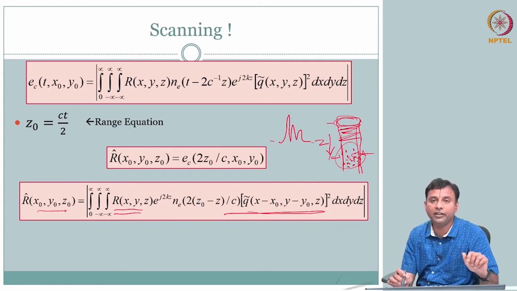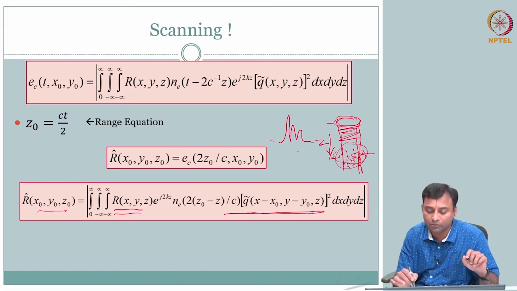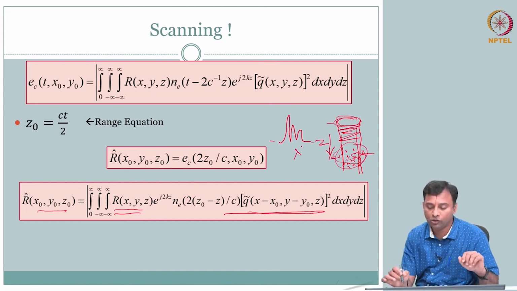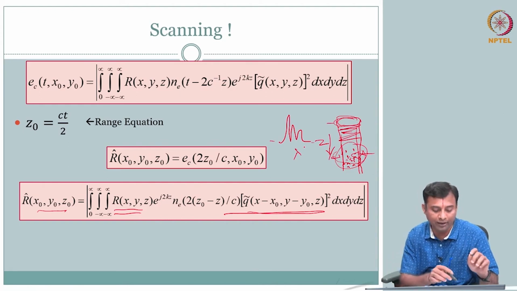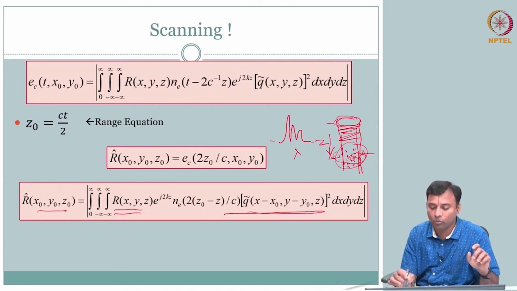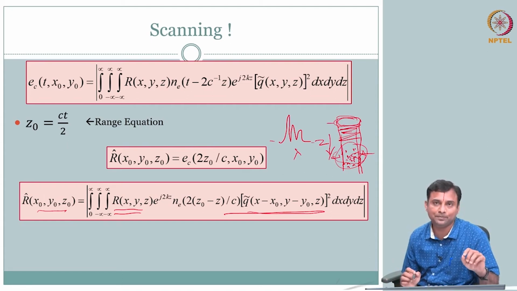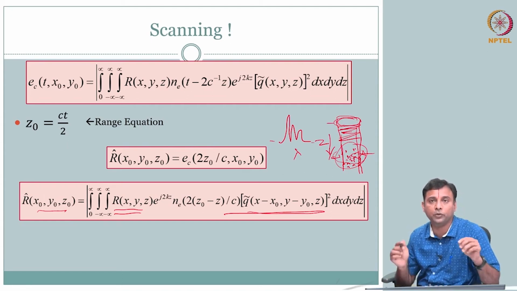So put everything together, there is a resolution cell in terms of lambda. You have many of these scatterers inside this resolution cell. So you want this cell to be as small as possible, so that you have better resolution. The signal that you are recording is from the smallest region, so that you are able to resolve.